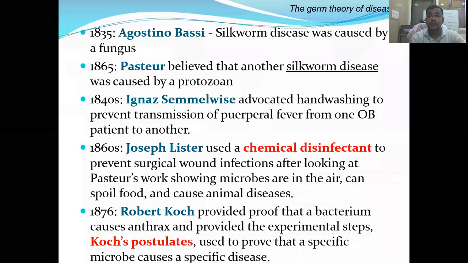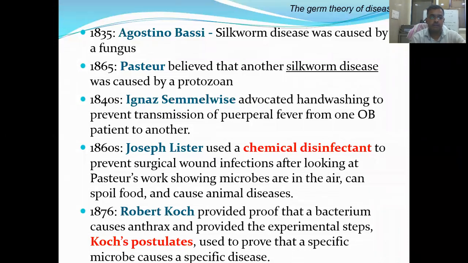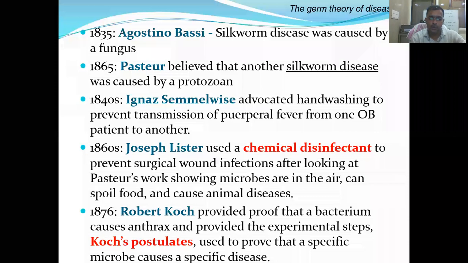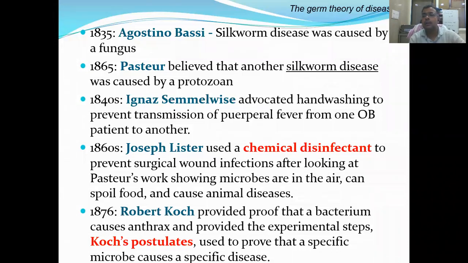He told that we need to isolate a particular microorganism from all the infected cases, and that must be isolated in pure form. Then it must be re-inoculated and should produce a similar disease. And from that similar disease, again we should be capable of isolating the similar organism. So if we prove these steps, then only that proves the Koch postulate.